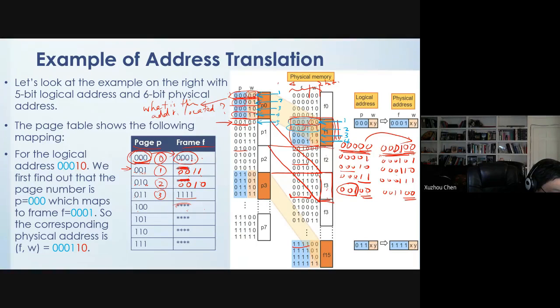And then I find out the fifth instruction is actually in here. First I find out this page maps to here. Okay, so that's the fifth instruction. And the next one is the sixth instruction.